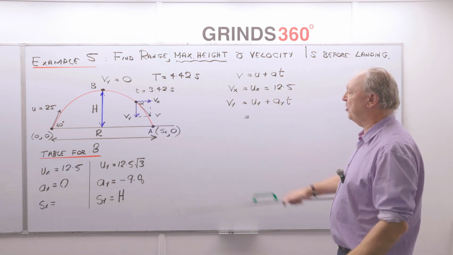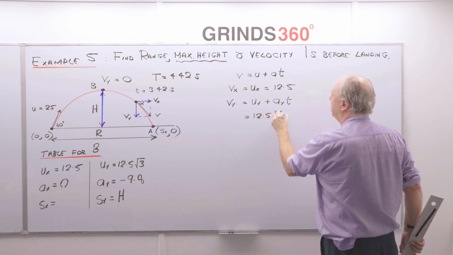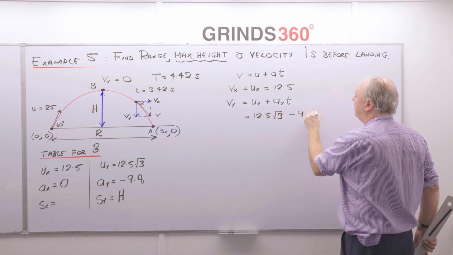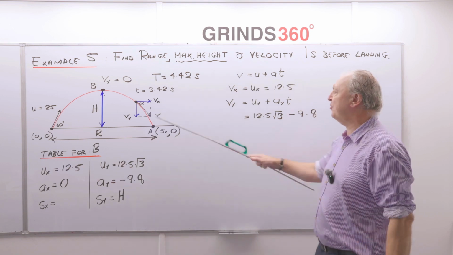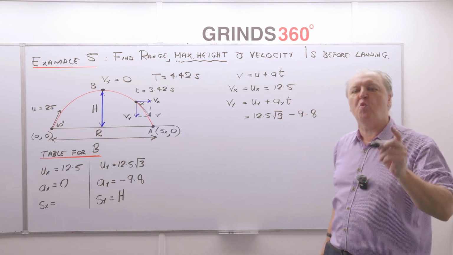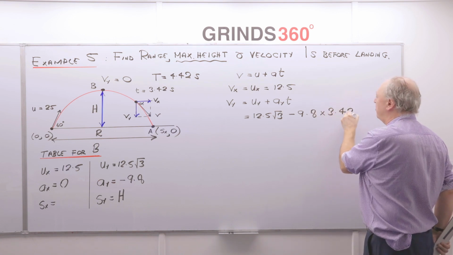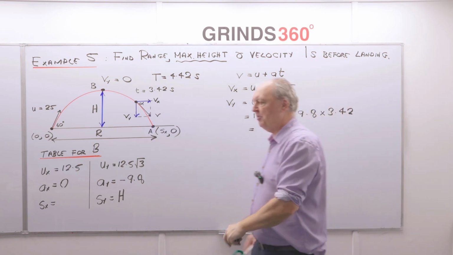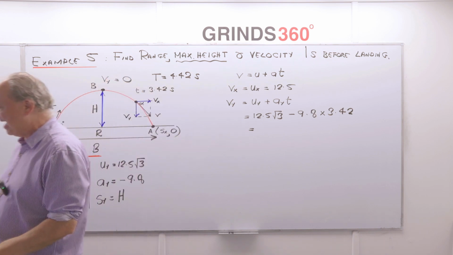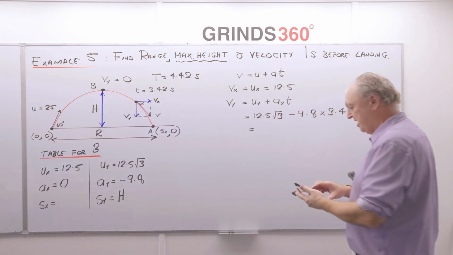UY is 12.5 root 3, plus ay, minus 9.8. And what's the time to reach this particular point here? It's 3.42 seconds, 1 second before landing, multiplied by 3.42. So put that into my calculator, and that will give me the velocity in the y direction 1 second before landing.